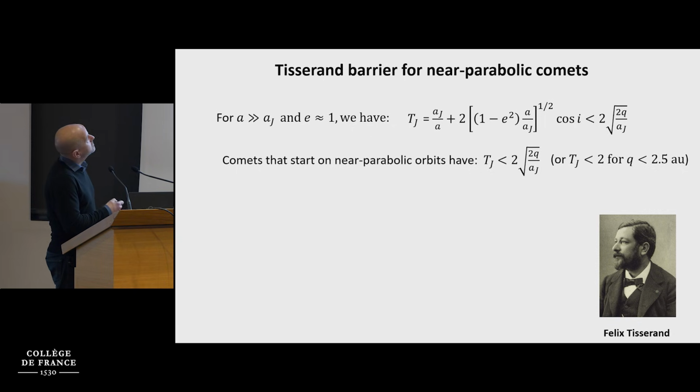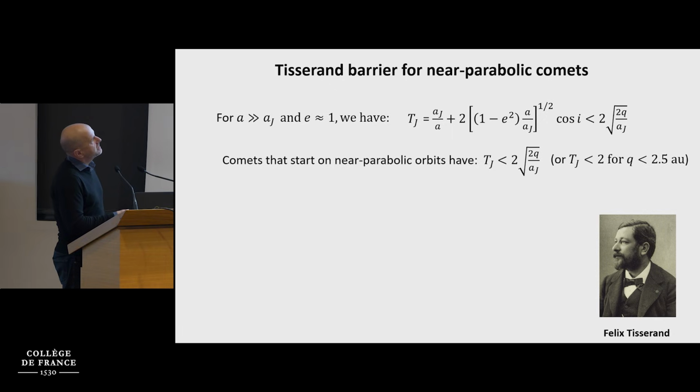If you plug these two into the expression for the Tisserand parameter, you will see that for whatever inclination that comet has, the Tisserand parameter is bounded, must be smaller than 2 times the square root of 2 times the perihelion distance divided by the semi-major axis of Jupiter. It's just simple math, plugging it in, and you get this bound.